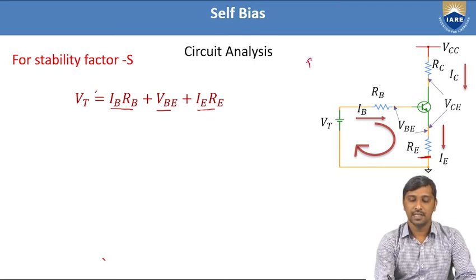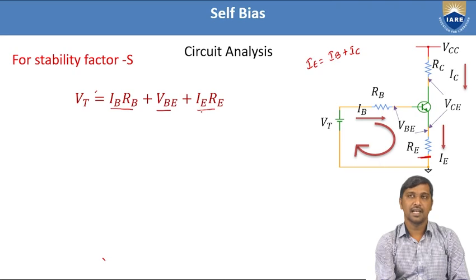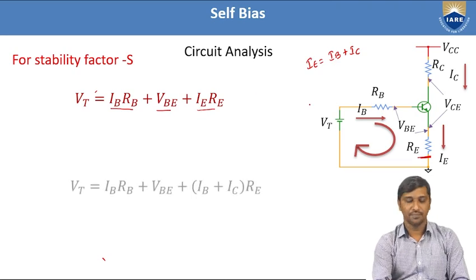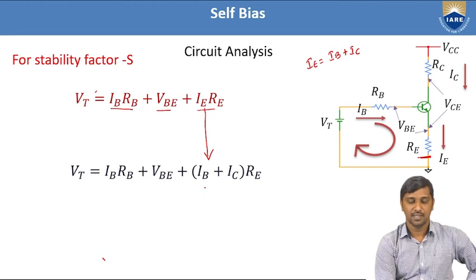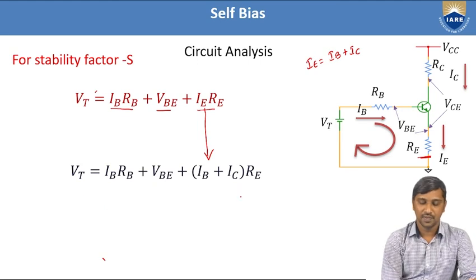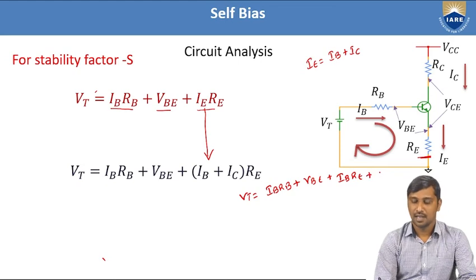Now again, we know that IE is the summation of base current and collector current. Hence, I am going to replace this IE with IB plus IC. So IB times RB is the same, VBE is the same, and IE is replaced with the summation of base current and collector current. Now I can expand the terms. So VT is equal to IB times RB plus VBE plus IB times RE plus IC times RE.